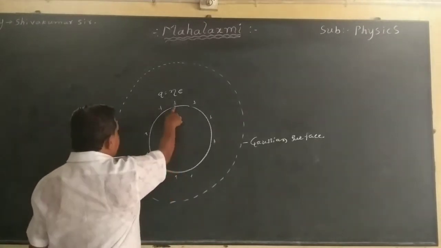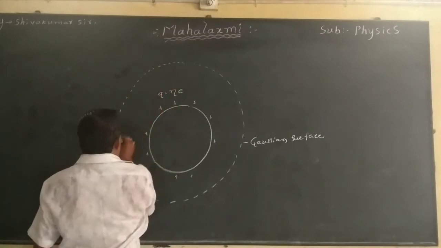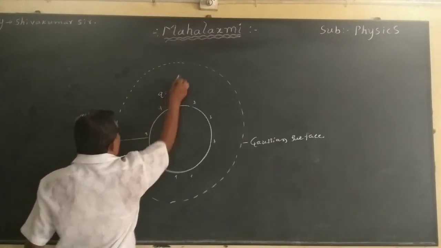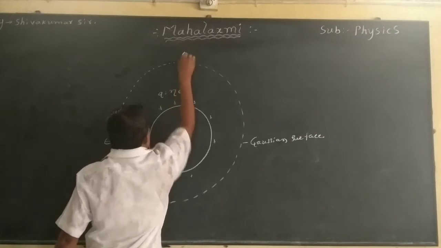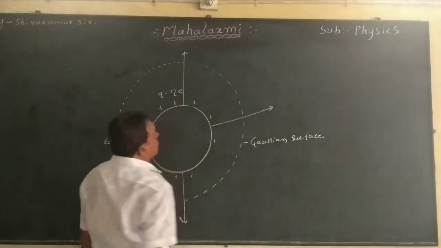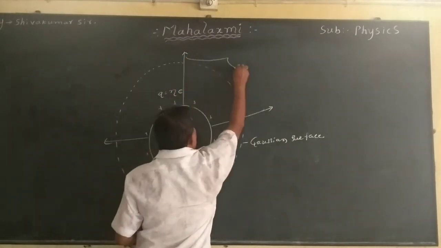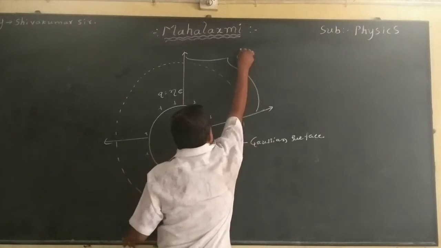When there is the existence of charge, there is the existence of electric lines of forces. The electric lines of forces originate from the positive charge. Now these are the electric lines of forces. The number of electric lines of forces passing through the surface is termed the electric flux.